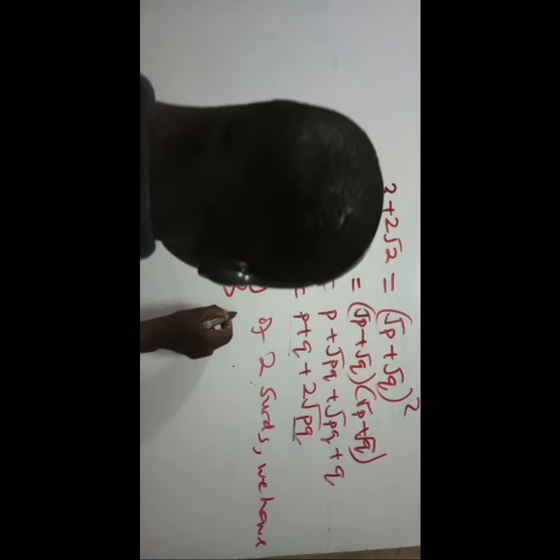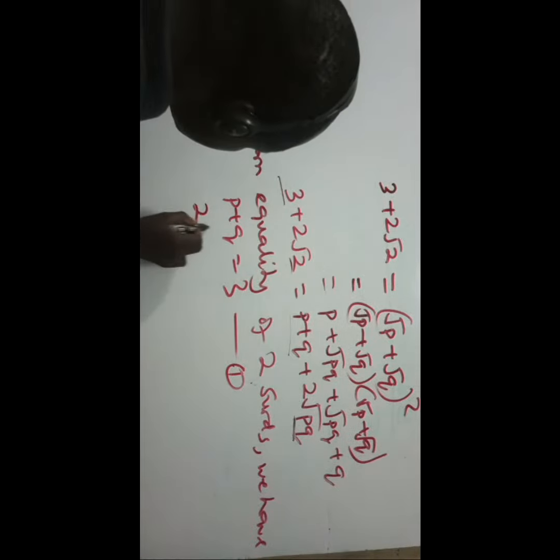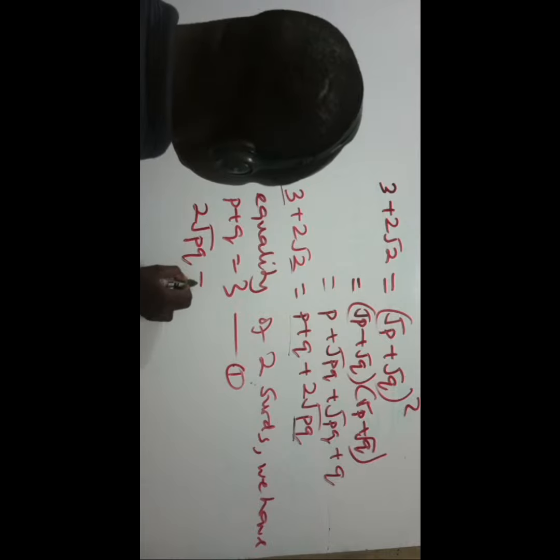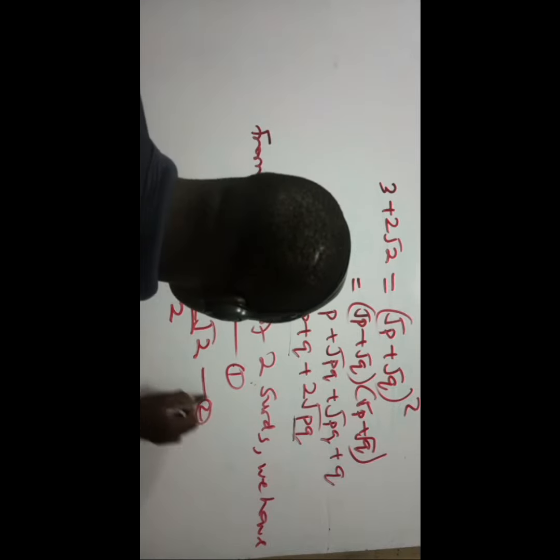That is the first one. We can call that equation 1. We also have that 2 square root of pq will be equal to 2 square root of 2. This is equation 2.